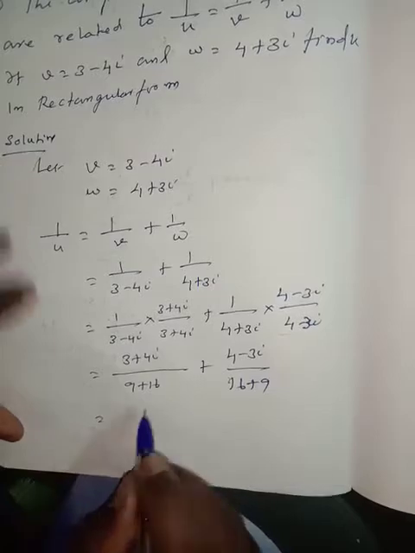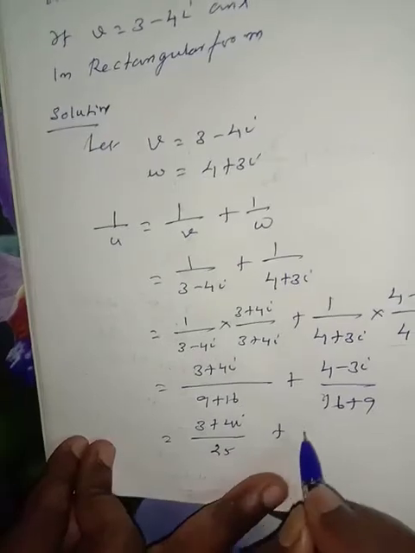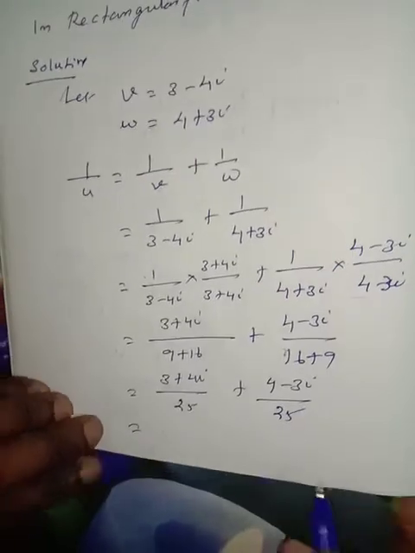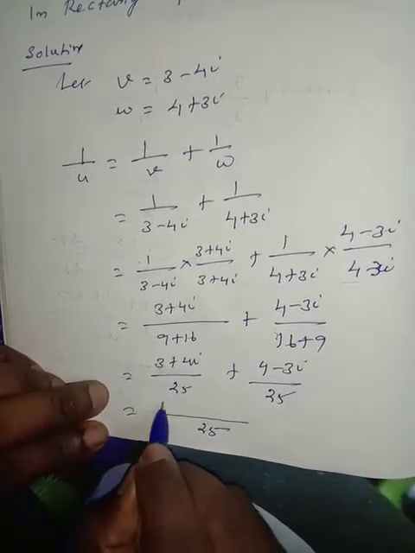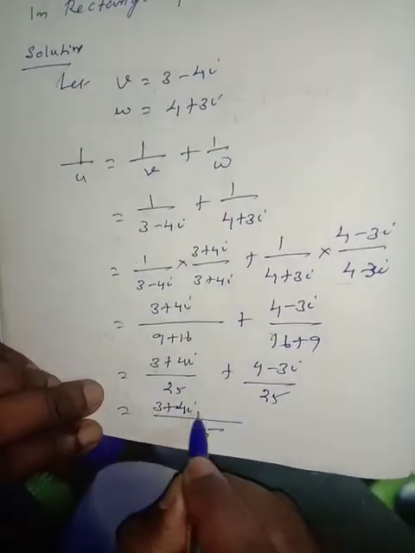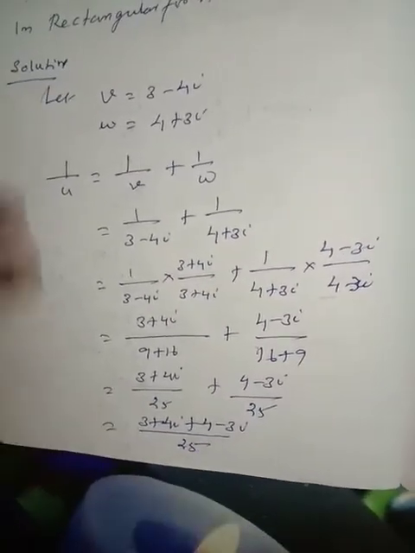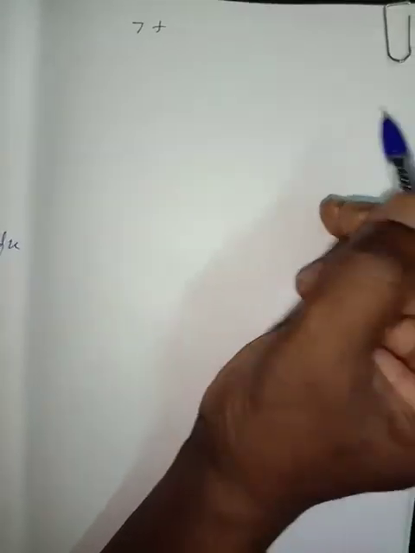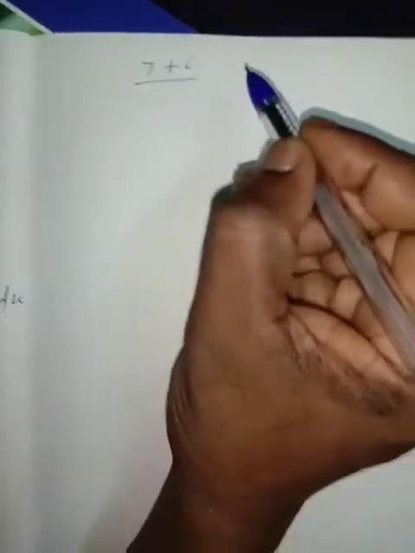It is equal to 3 plus 4i divided by 25 plus 4 minus 3i divided by 25. Same denominator, 25: 3 plus 4i plus 4 minus 3i. 3 plus 4 is 7, so 7 plus i divided by 25.